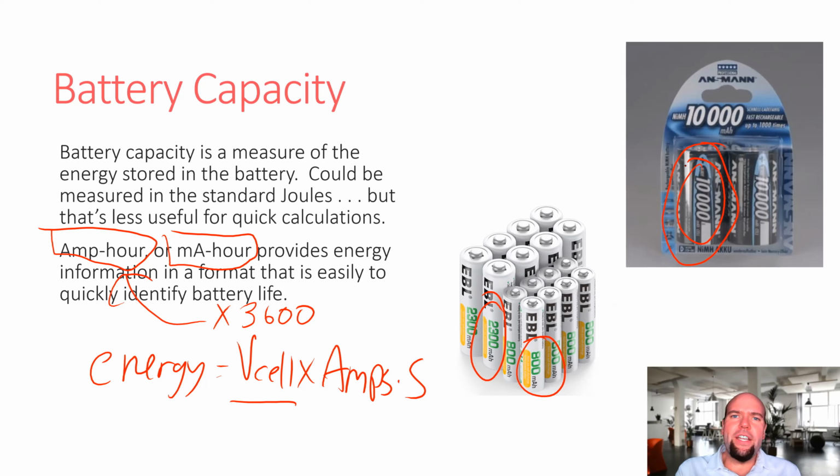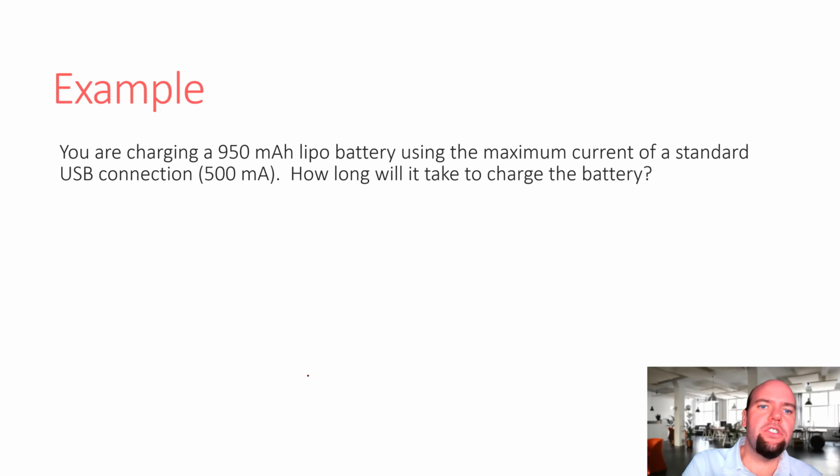So let's do an example. You're charging a 950 milliamp hour LiPo battery using the maximum charge current of a standard USB connection, that's 500 milliamps. How long will it take to charge the battery?